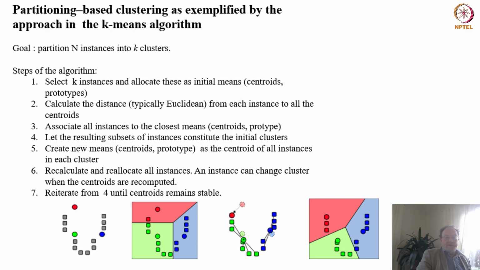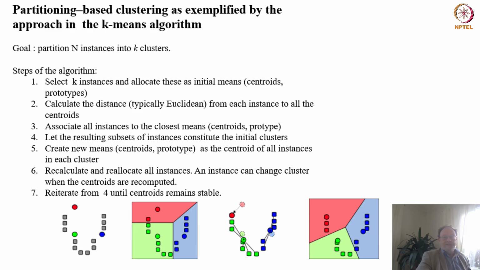Then, the next step, when that has been done, you associate all the instances to the closest mean, according to the calculation. And what you get then is a division of the total set into subsets.